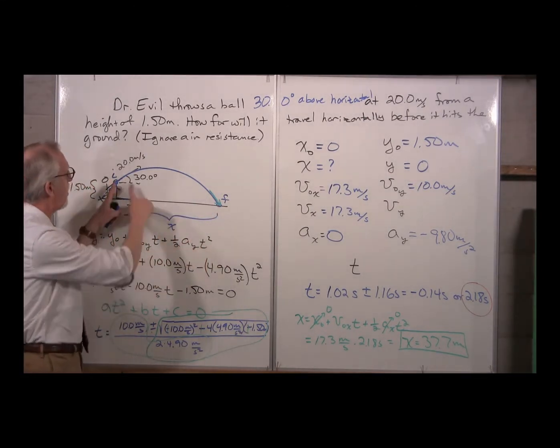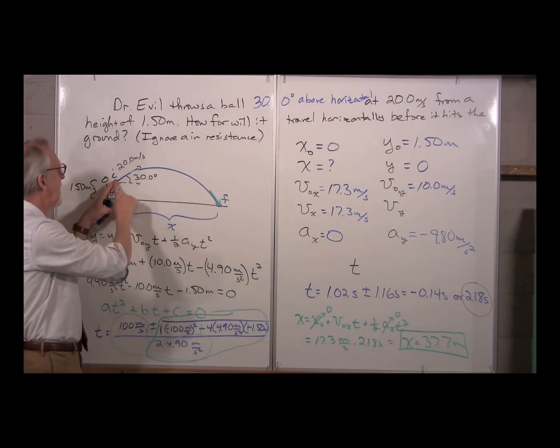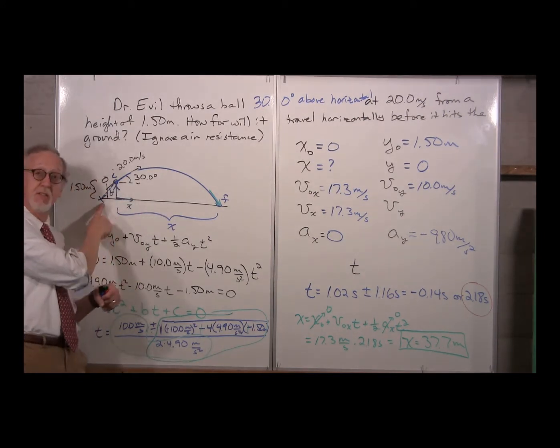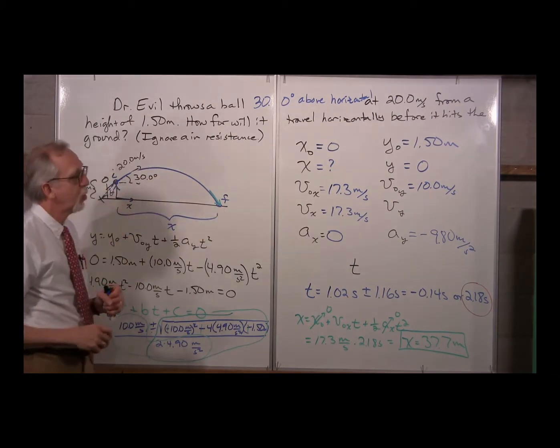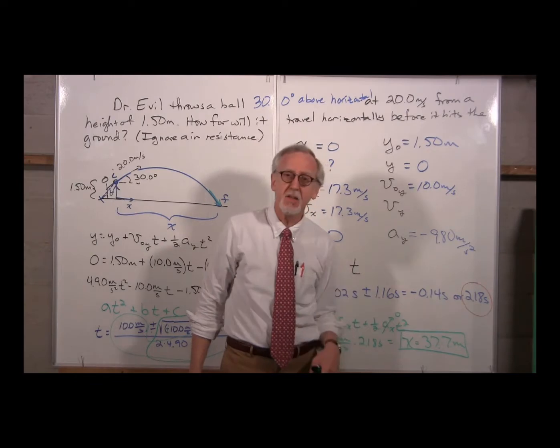That's why our positive time is longer than the shorter negative time, because we're closer to this position initially than we are to this position. So we get a small negative time, a larger positive time.